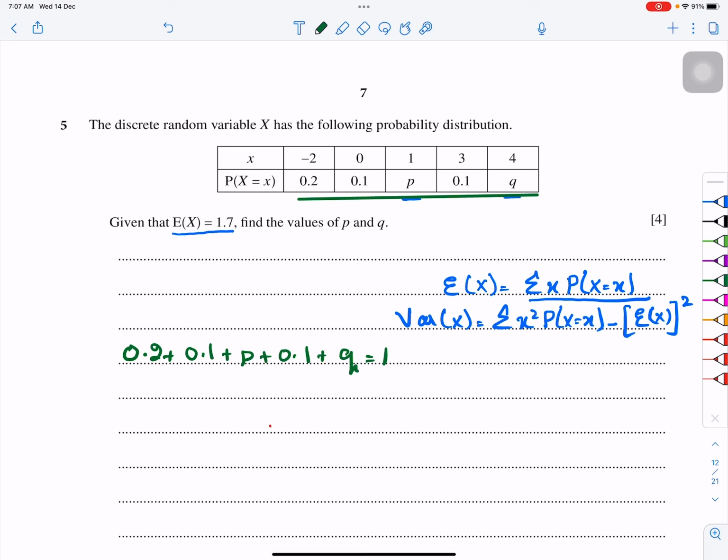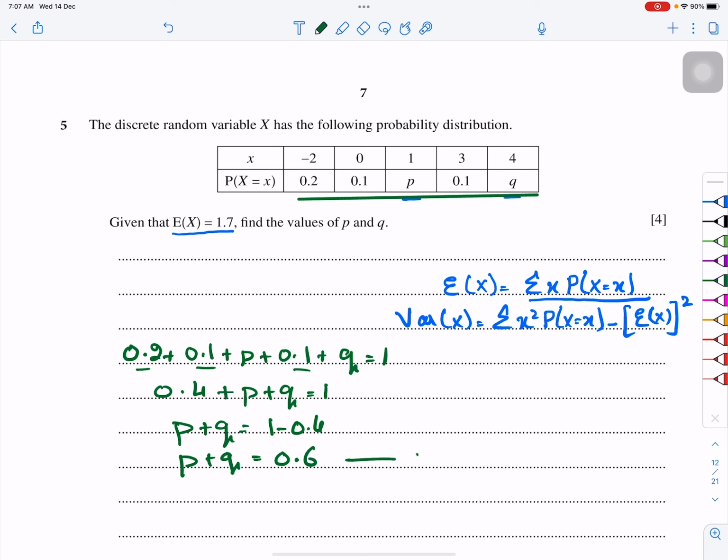So let's simplify this. If you add up these numbers, it will be 0.4 plus p plus q equals 1. You can keep a calculator in your hand to calculate it yourself. Okay, so this is my equation number 1.